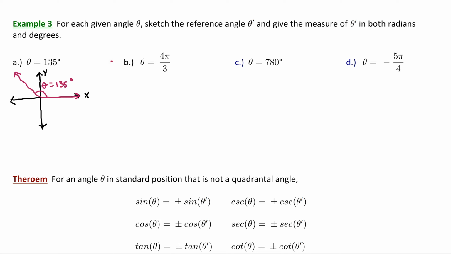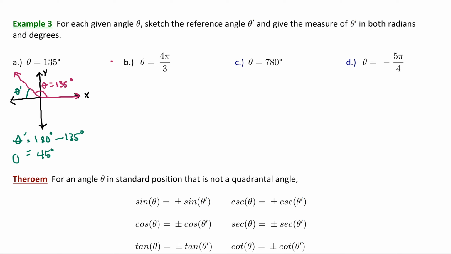So we can see that theta prime would be this angle right here. So to calculate the value of theta prime, we're going to start with 180 degrees and we're going to subtract 135 degrees. That difference there is 45 degrees.